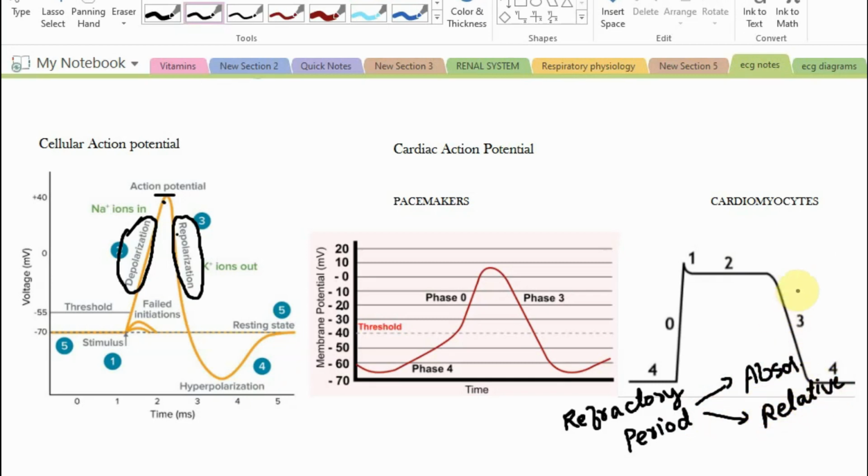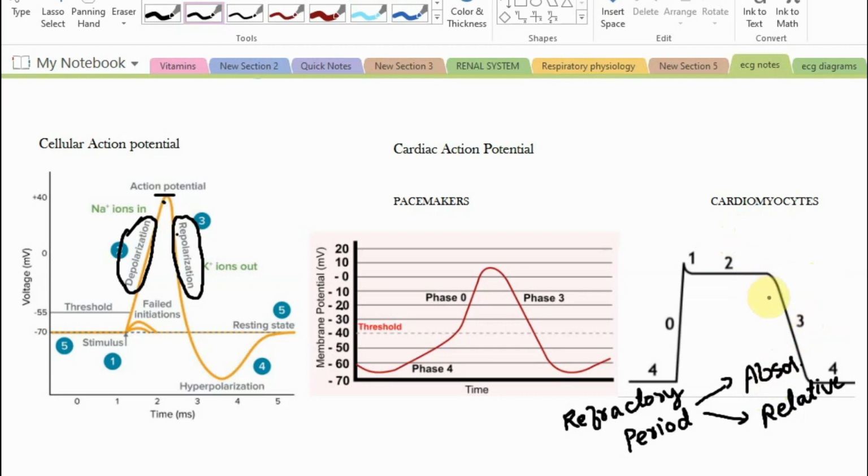The absolute refractory period is the period when, even after giving a very strong stimulus, the cardiac muscles, the cardiomyocytes, do not tend to respond, whereas in the relative refractory period, by applying a very strong stimulus, the cardiac cell can be excited once again.